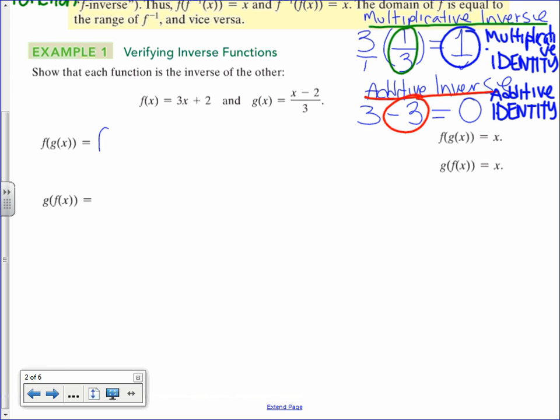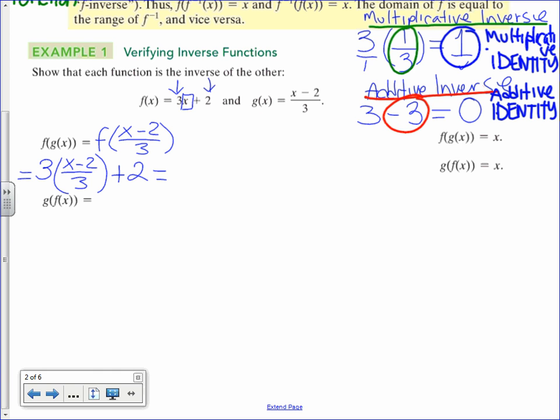So we're doing f of g, so we'll have function g inside, x minus 2 divided by 3. Function f only has one x, so we're going to substitute that x with the expression that we have here. We have the coefficient 3, let's not forget about it. Then instead of x, we have x minus 2 over 3. And then we also have a plus 2 here.